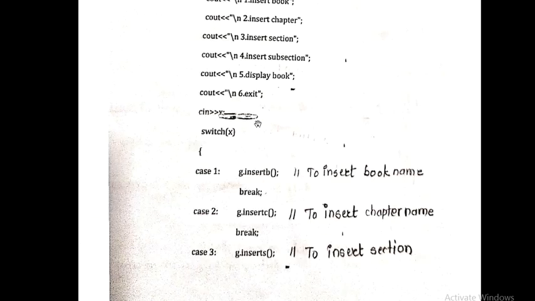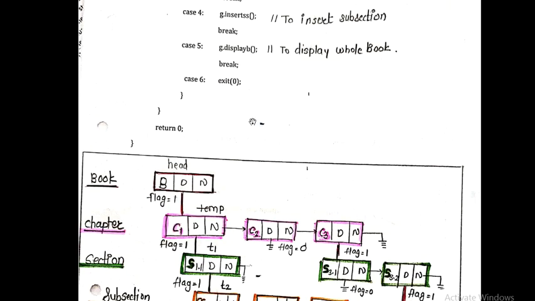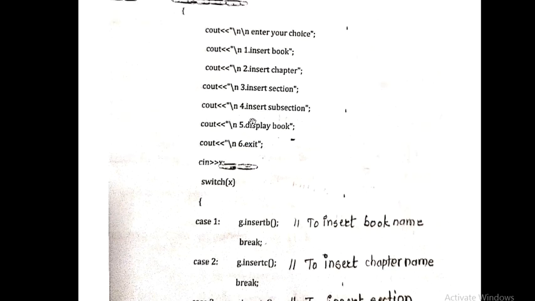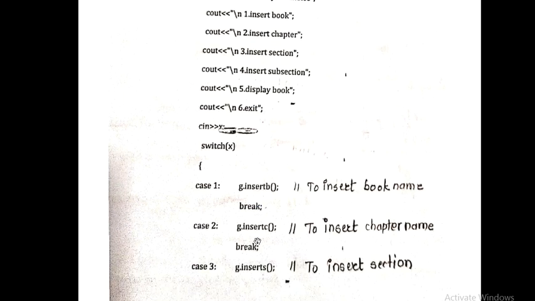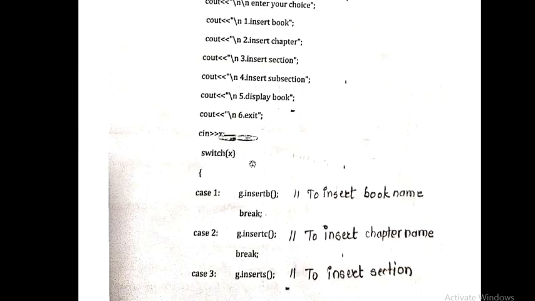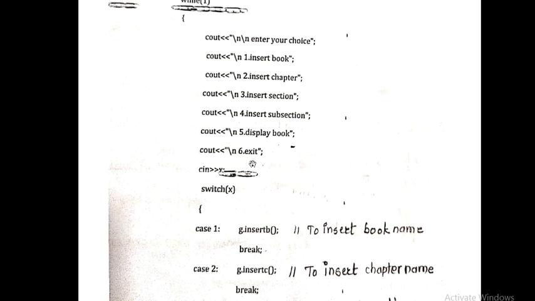Now, in this way we have seen that the main function is not a big task. In the main function we are only using the switch cases, displaying the menu to the user, and from that menu we are calling the different functions according to the choices, right? So this much is all that is given in the main function.